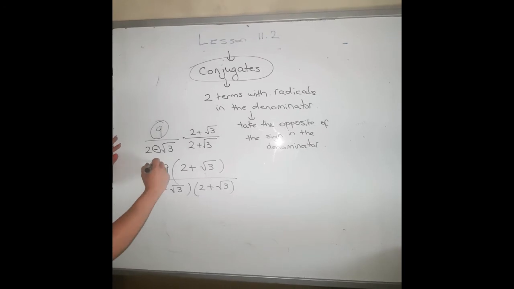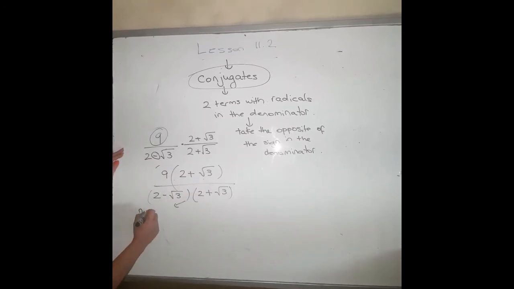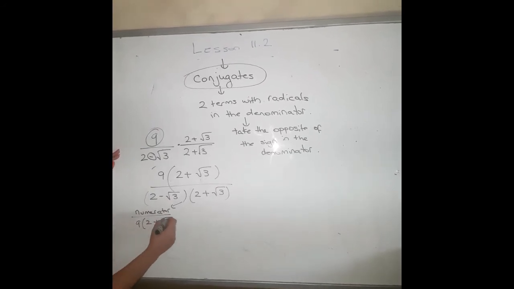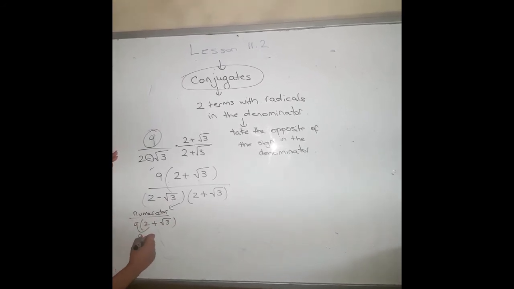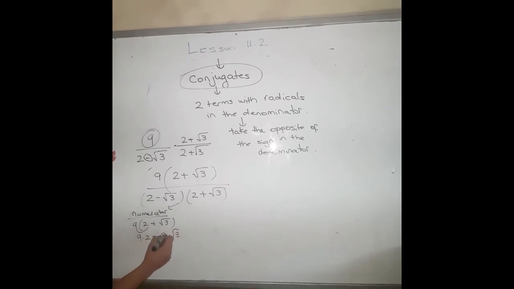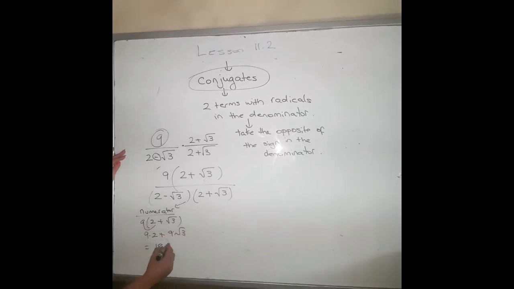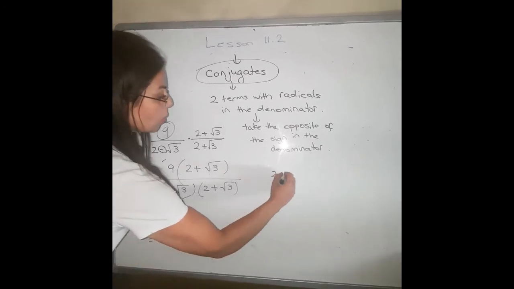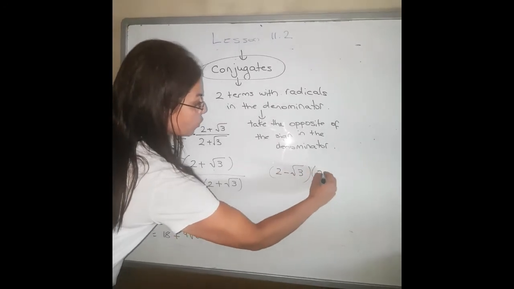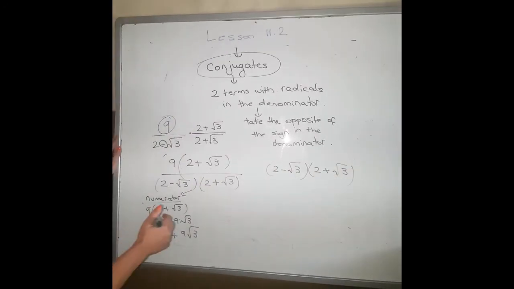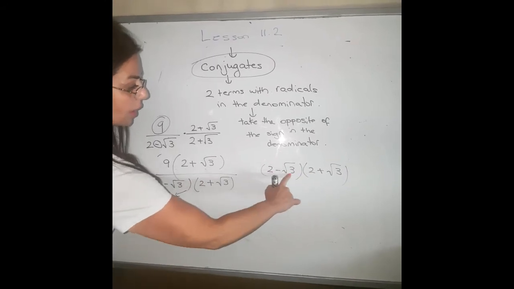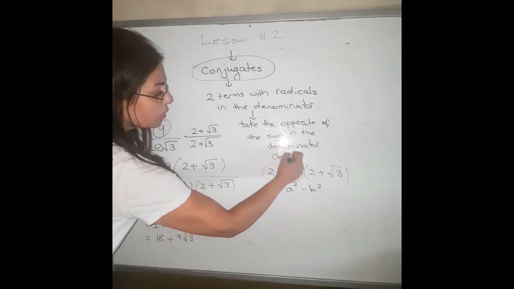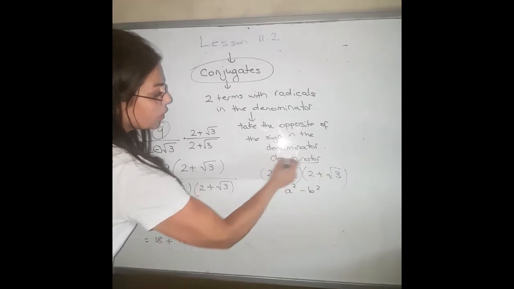So I'm going to work with the numerator on this side. I have 9 times 2 plus radical 3. So it's 9 times 2 plus 9 times radical 3, which is 18 plus 9 radical 3. On the other hand, I have 2 minus radical 3 and 2 plus radical 3. What does it remind you of? A minus and a plus, 2 and a 2, radical 3 and a radical 3. A² minus b². So this is my denominator I'm working with on this side.